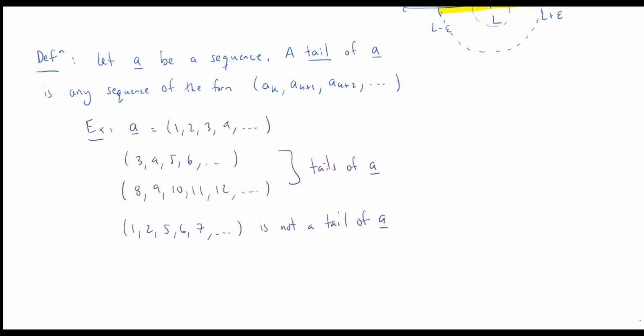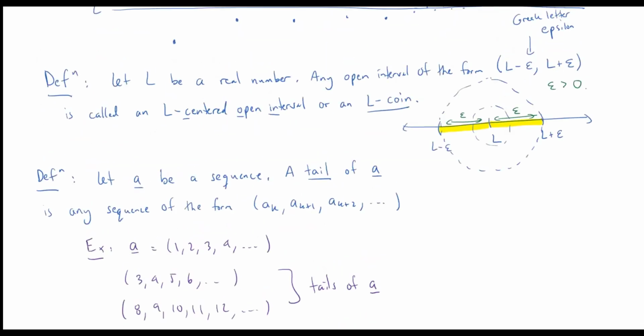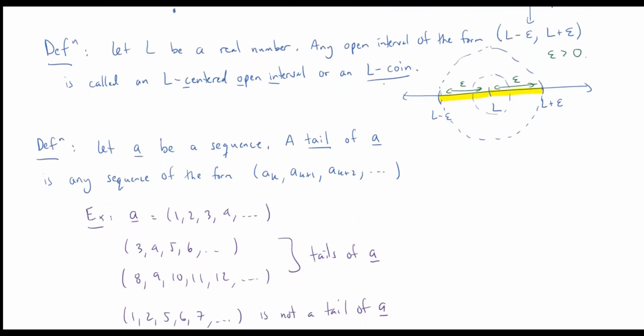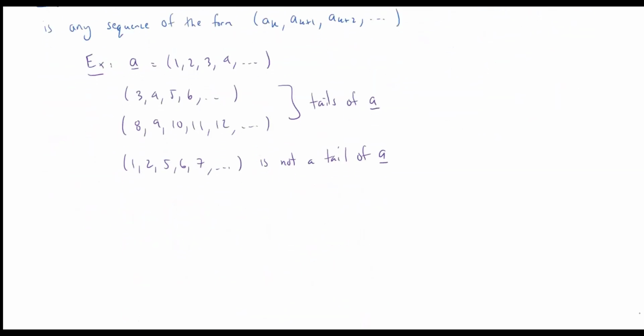All right. Next, let's go back up. Oh, well, you can do one more thing here. So I have this sequence. I take a tail, and I can ask where all those elements in the tail live. And it's possible that when I write them down, they show up in a particular L coin. So another definition.